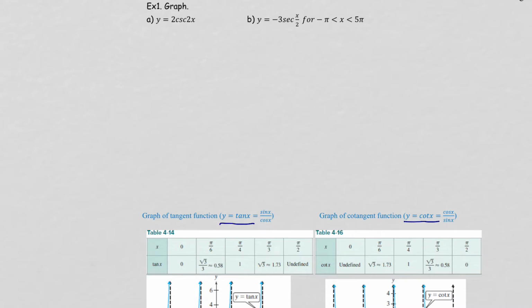So let's look at the first problem here. We have y equals 2 times cosecant 2x. In order to find that, your first step is to find the 2 sine 2x graph.